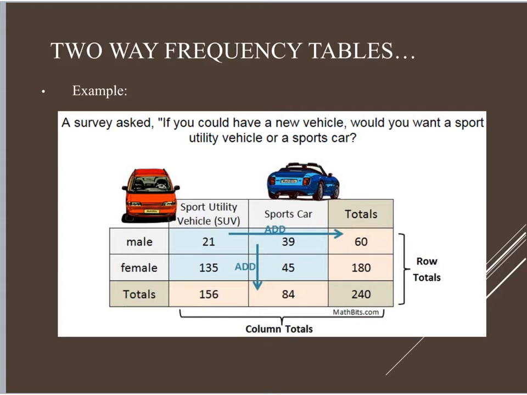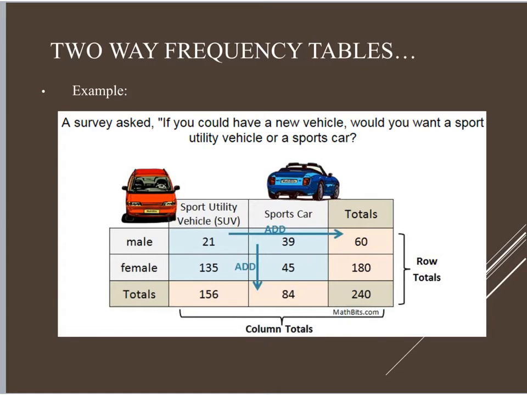You can see it says a survey was asked if you could have a new vehicle, would you want a sports utility vehicle or a sports car? So you can see they have their SUV and their sports car data right here in these two columns. However, they also broke their data down into male and female.